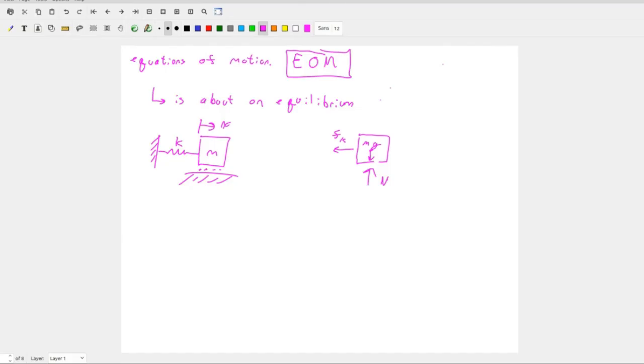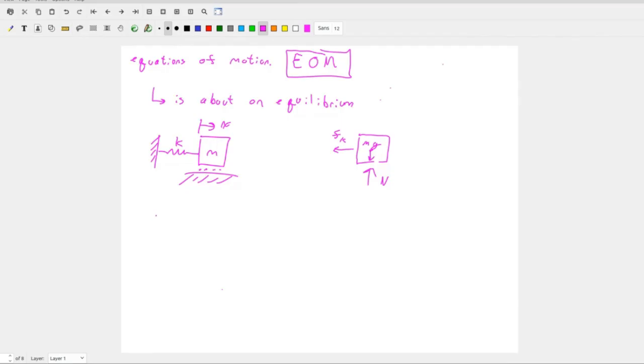All right, so we're interested in our forces in the x direction. We only have one force in our x direction, and when we start to move this, that has to equal our mass times acceleration.